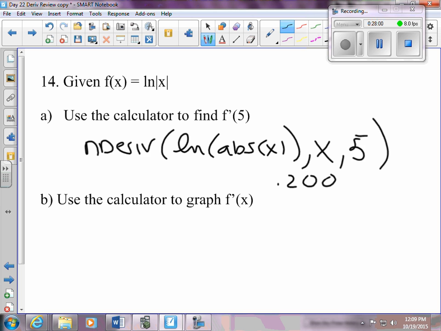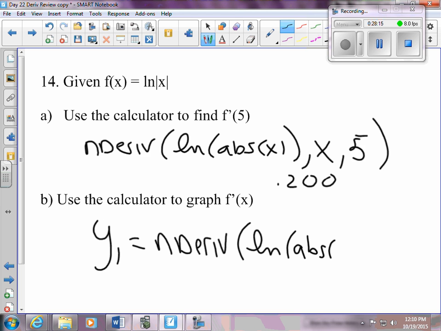When you want to graph the derivative, you go to your y equals screen, then put in the nderiv, the same thing. The only difference is you do comma x like before, but then another comma x. Instead of the number, you put in comma x, and that'll graph the derivative.